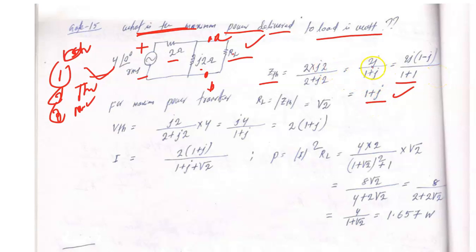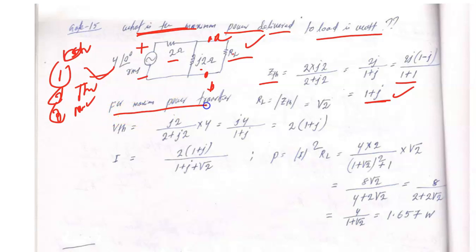See, 2J upon 1 plus J. I multiplied 1 minus J in numerator and denominator. That gives you 1 plus J in the denominator, and 2J into 1 minus J in the numerator. So this becomes 2, and this becomes 2, so the 2 cancels. J square is minus 1, minus minus is plus, so 1 plus J. Very simple.